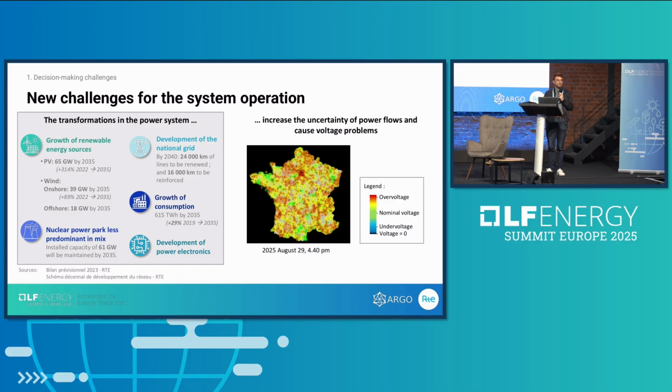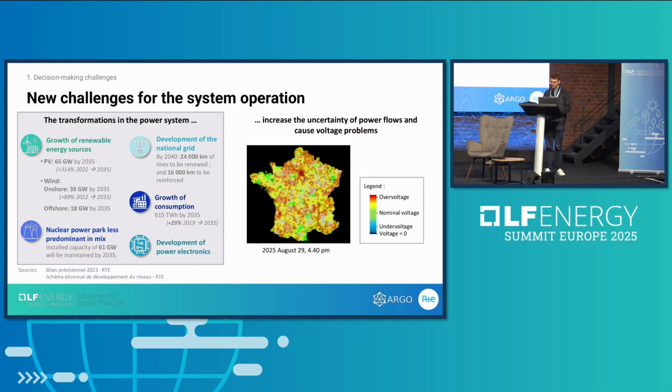We also have to renew some transmission lines because they are getting older and older every year. Also, the growth of consumption that we are envisioning for the next few decades, and the development of power electronics. All of that is creating a really uncertain context for power grid operation, and also it is creating some new situations. So for instance, here you have a small picture of the voltages in France.